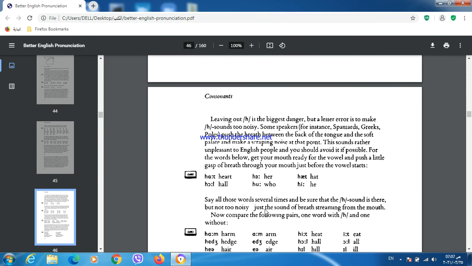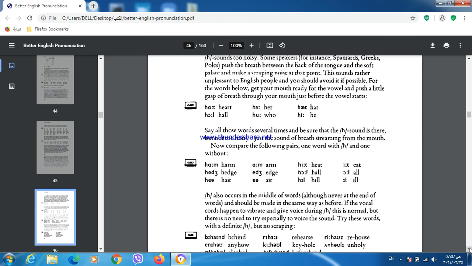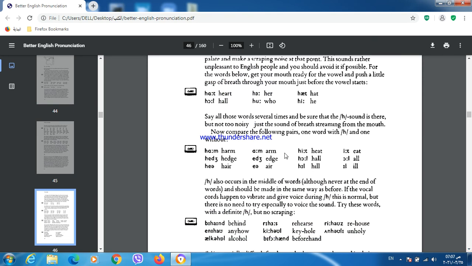The sound of the air coming out through the mouth. Now compare the following verse, one with h and one without. I have words, some with h and some without. For example: hedge, edge, and heat, eat, whole, all, hell, and ill.